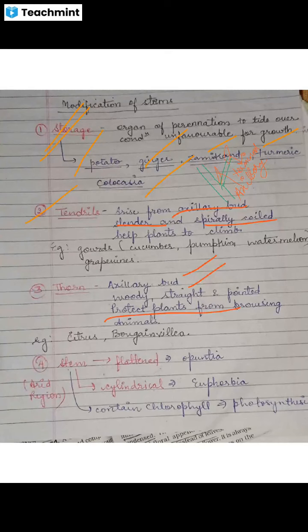They protect the plant from browsing animals. Then stems are flattened in the case of Opuntia and cylindrical in the case of Euphorbia. These stems contain chlorophyll for photosynthesis and are present in arid regions like deserts.